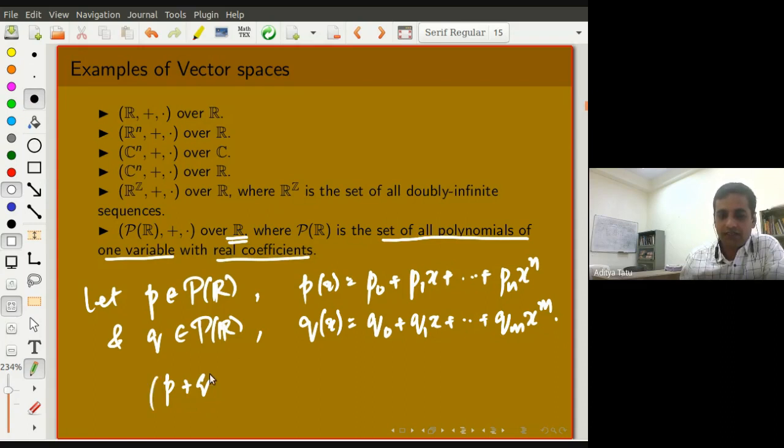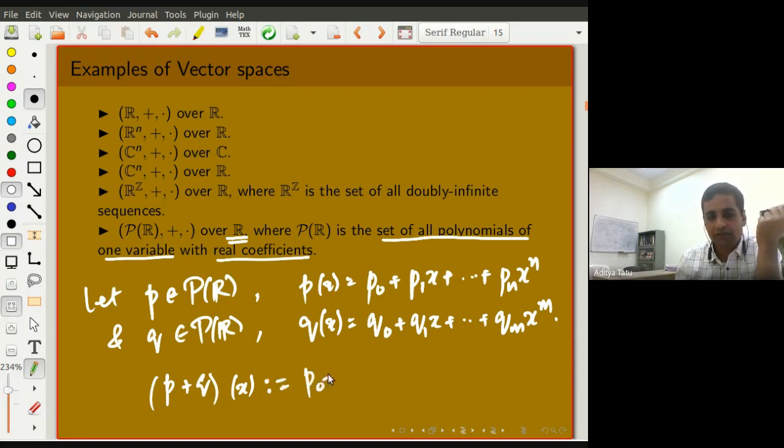We define vector addition as giving a polynomial again. Remember, we want the set to be closed with respect to vector addition. So if I take two arbitrary polynomials, I should be able to define this addition so that the resultant element is also in the same set, which in this case is the set of polynomials. So how do I define this?